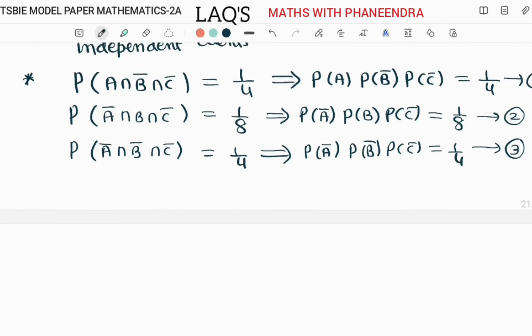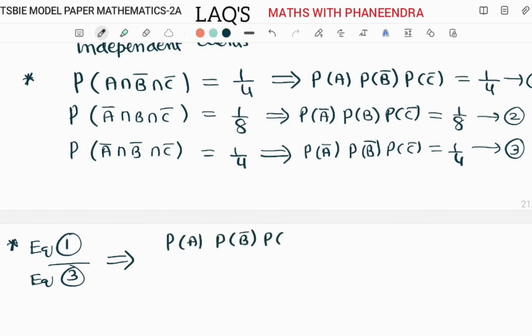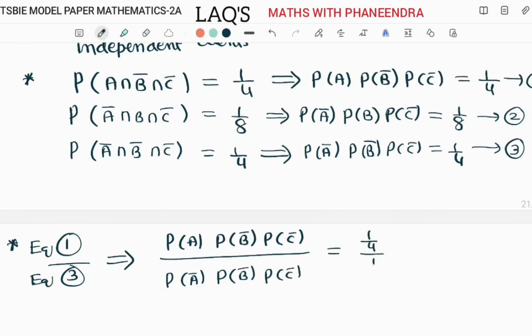generally what I will do is, after writing these steps, equation 1 by equation 3. LHS side, RHS side, you can write it. P of A into P of B complement into P of C complement by P of A complement into P of B complement into P of C complement is equal to 1 by 4 by 1 by 4.